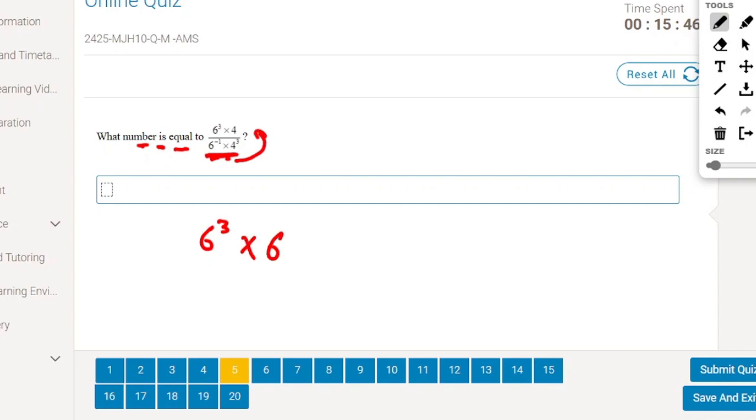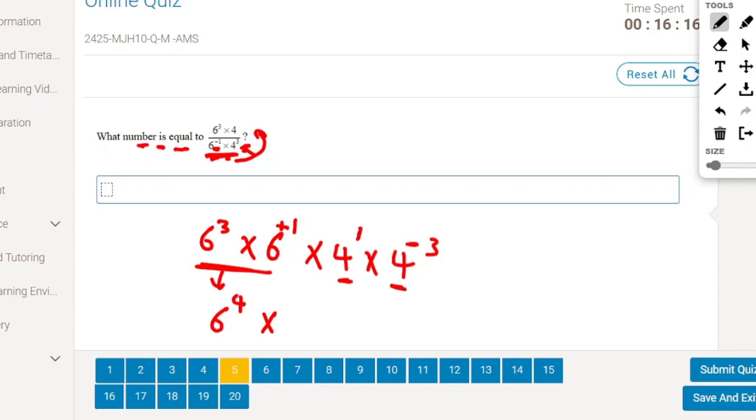It will be multiplied by 6 to the power of positive 1, because here it was minus 1, and multiplied by 4 to the power of minus 3, because in the denominator it was 3, in the numerator it will be minus 3. So this number will be equal to 6 to the power of 4 multiplied by 4 to the power of negative 2.